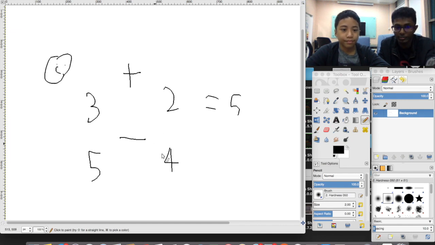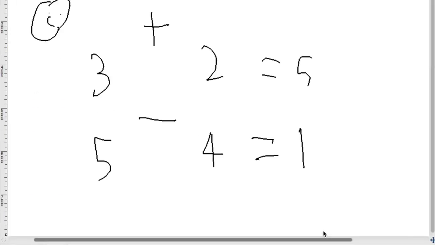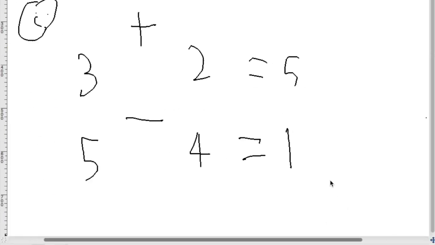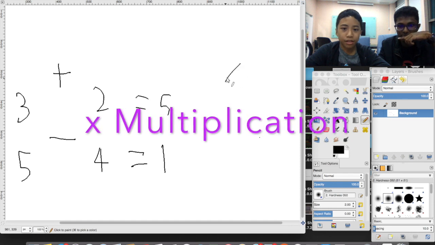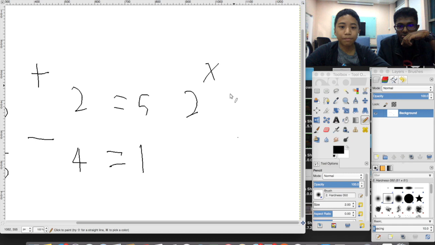We all know that 5 is bigger than 4, but by how much? That's what we get as the answer. For multiplication, it's making copies of one number. Basically, like copying the number 2 four times, and we will get 8.